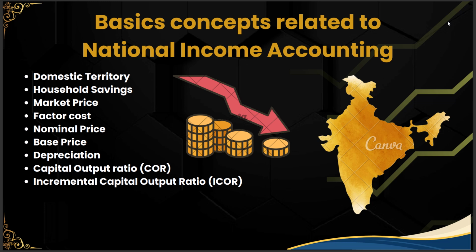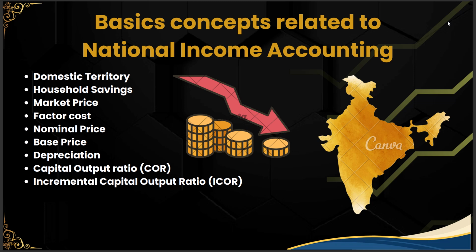The sum of all factor incomes produced in the domestic territory of a country gives us the domestic income, and it does not matter about the nationality of the person, only the domestic territory matters. We should understand here that even a foreign country can produce its goods and services here, and their factor incomes are also added to the domestic income.